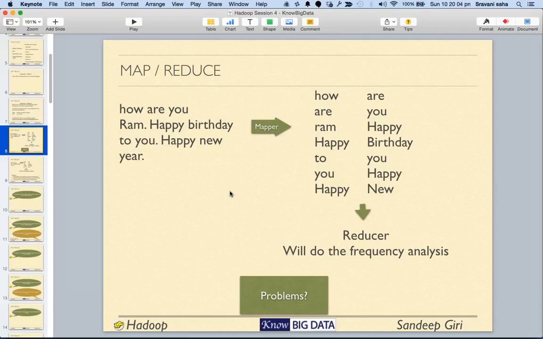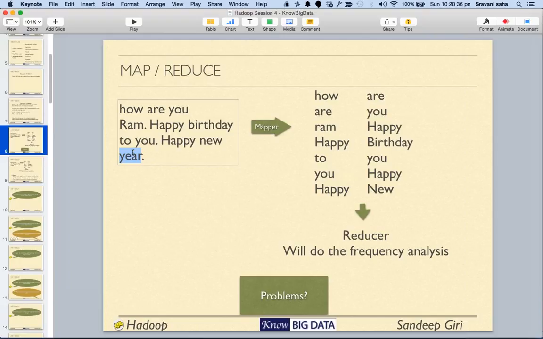For example, in this case, we have how are you. So mapper will generate how are you. And in case of Ram, happy birthday, that's the next line. So it'll become Ram happy, birthday to, to you, you happy, and happy new. And in case of year, because in the fourth line there is only a single word, we don't print anything. Make sense to you?